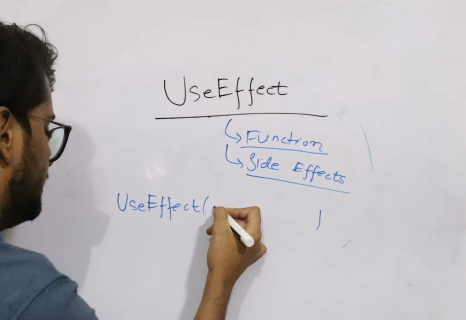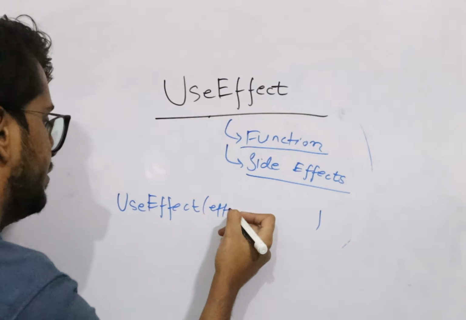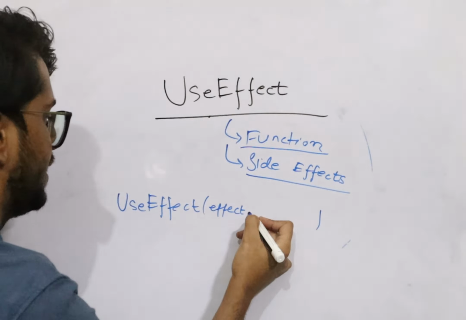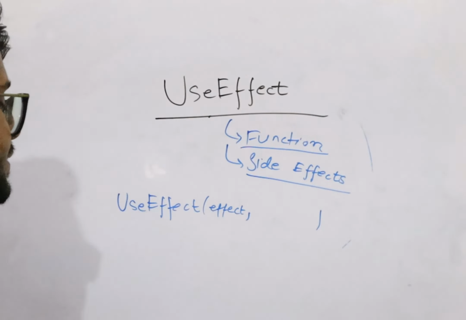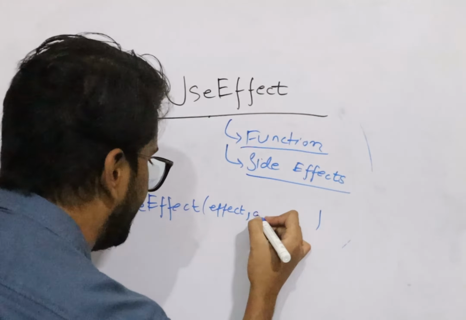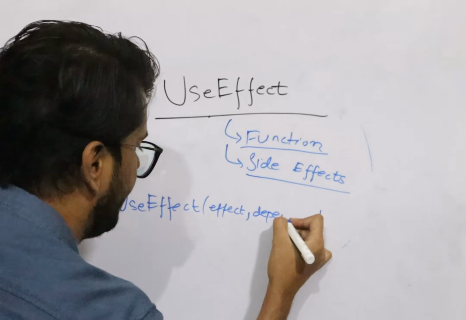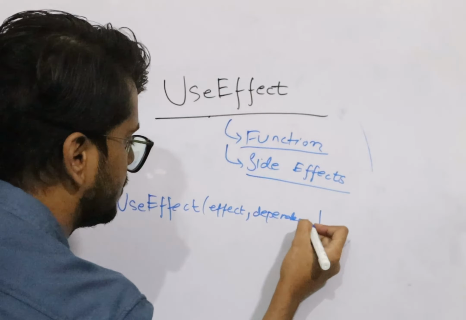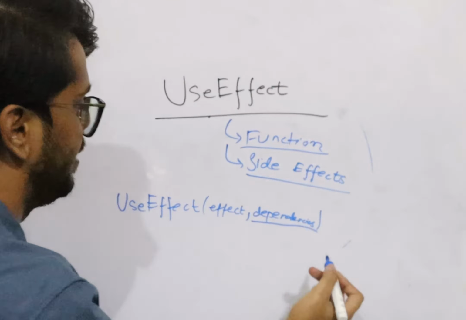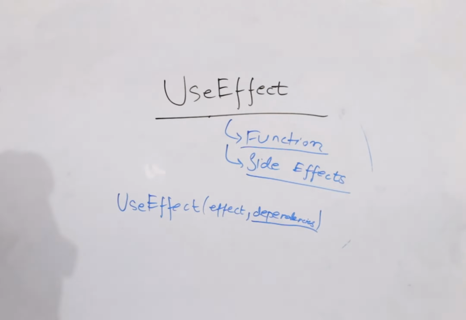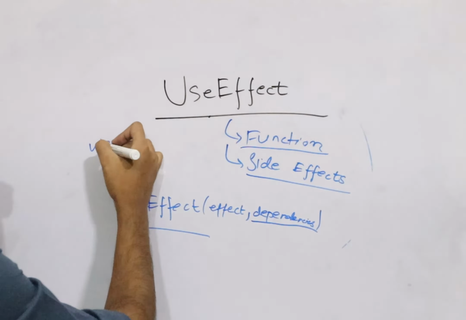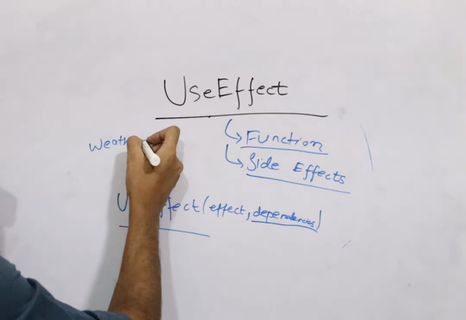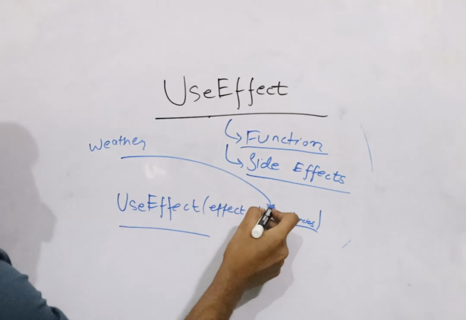First is the effect that we want to happen on the React component, and the second is the dependency array or dependencies, which means what must change that can trigger this useEffect. So for example, we had a state of weather. When weather changes, this can be triggered.